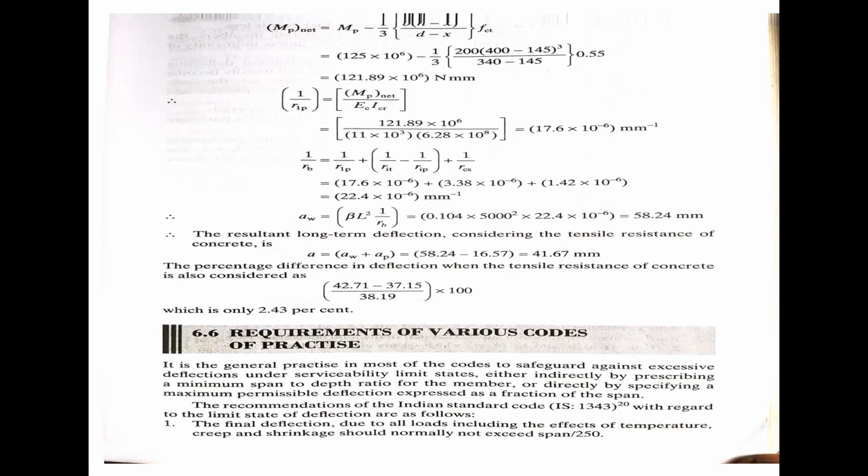Some small failures may start, cracks will be formed, and you have to repair them in the limit state method. Follow this limit state method either indirectly by specifying a minimum span to depth ratio for the member or directly by specifying a maximum permissible deflection expressed as a fraction of the span.